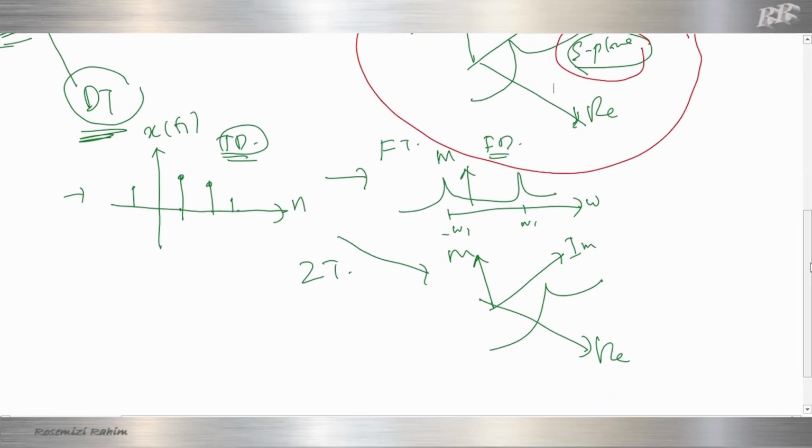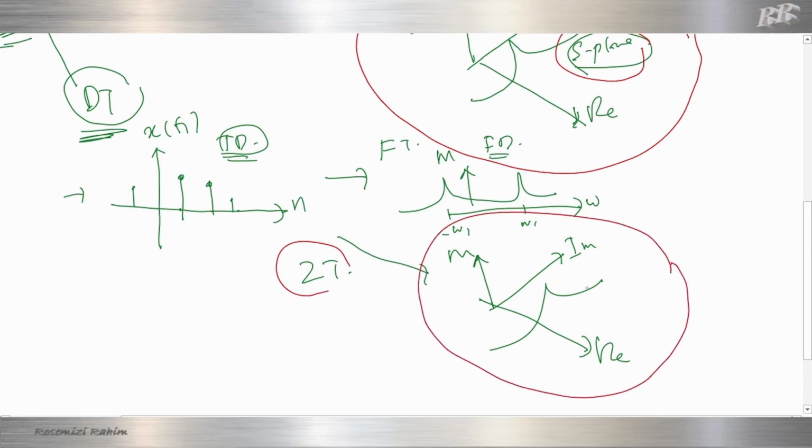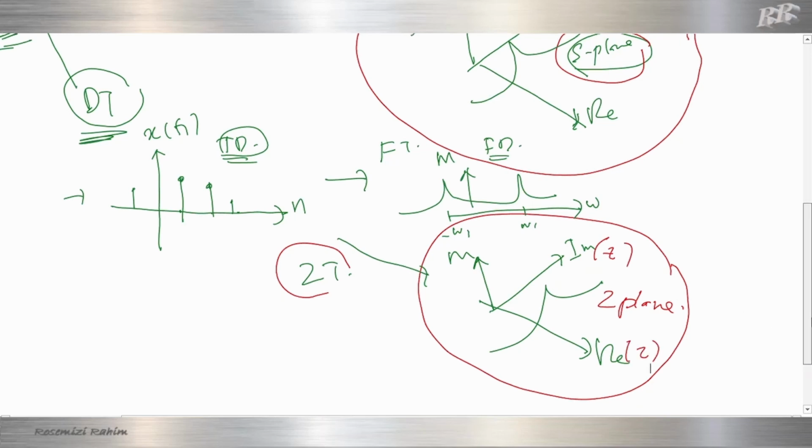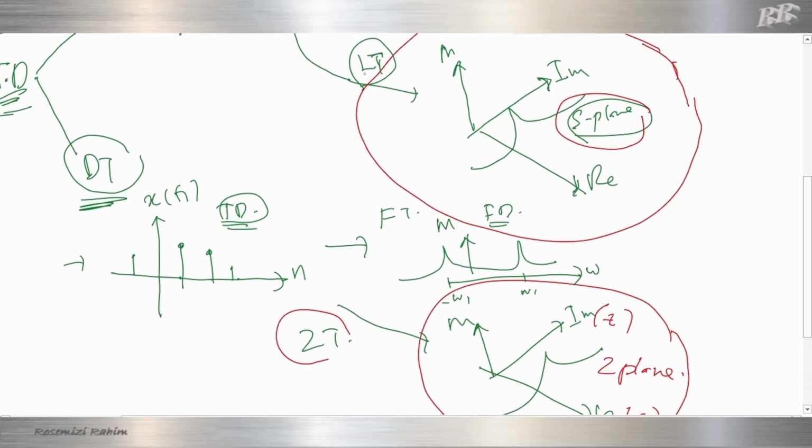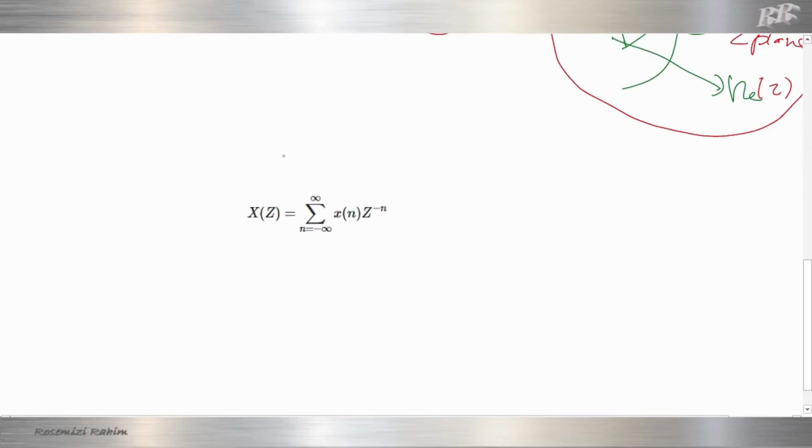In Z transform, this is the complex domain of Z transform, and we call this the Z-plane, with imaginary of Z and real of Z. This one is for Laplace transform: imaginary of S and real of S. Real of S is sigma, and imaginary of S is j omega. This is the general equation for Z transform.